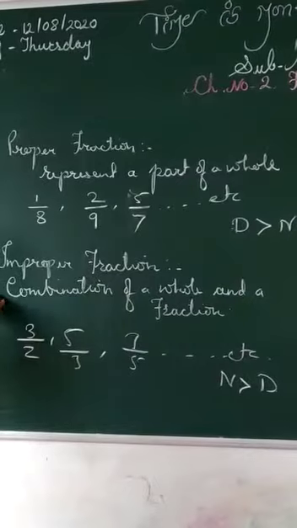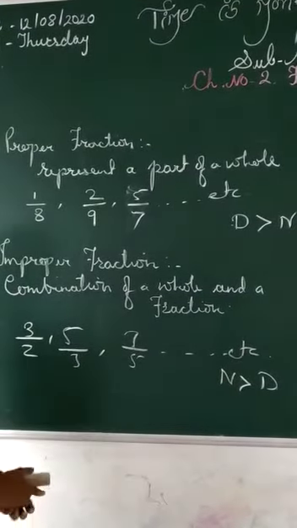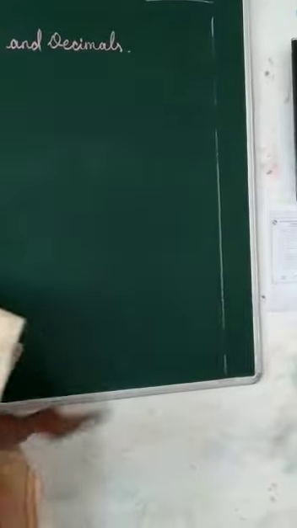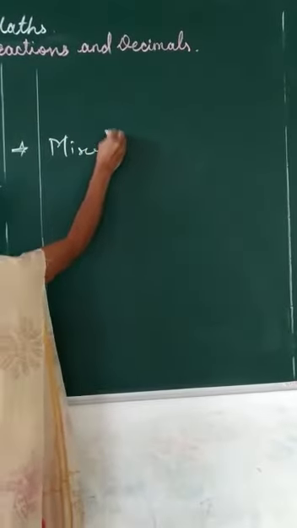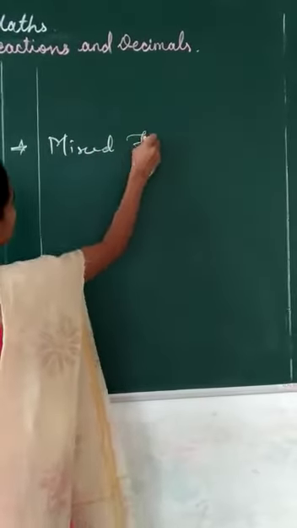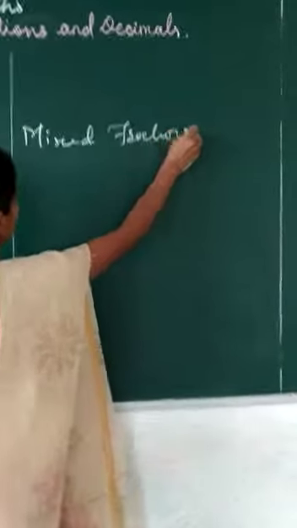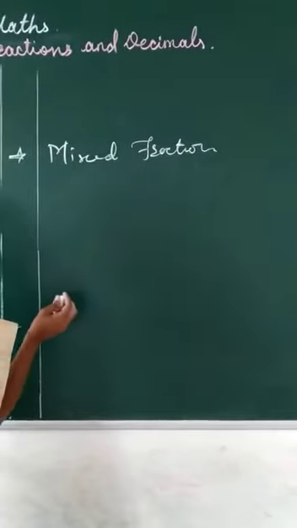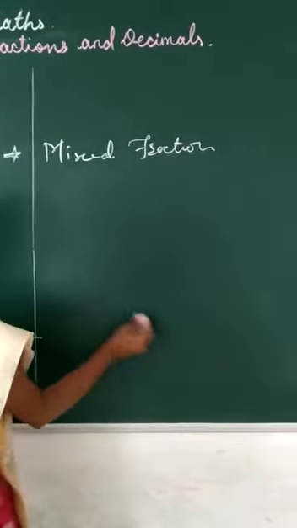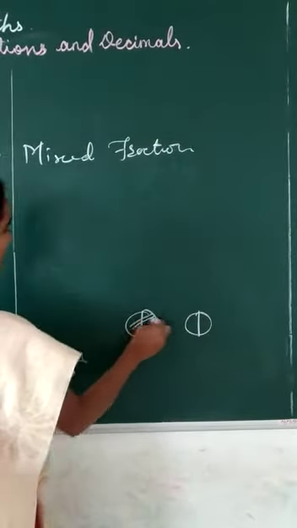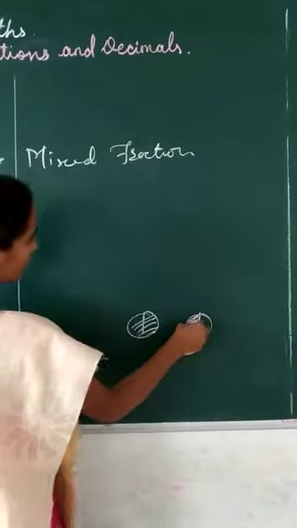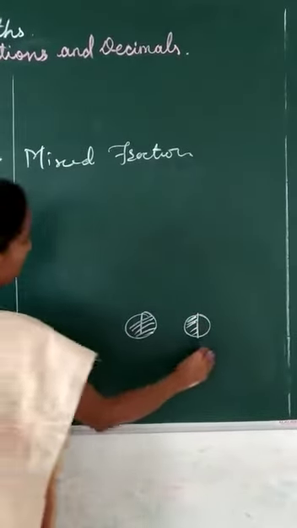This improper fraction you can also write in another way. You have taken 2 parathas, and out of those 2 parathas you have eaten 1 whole paratha, and out of the other one you have eaten half of the paratha.